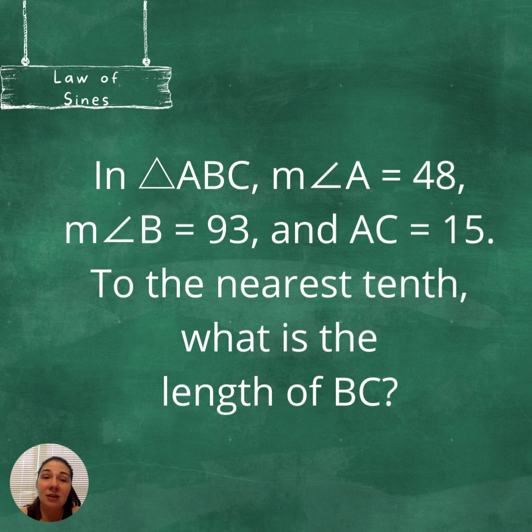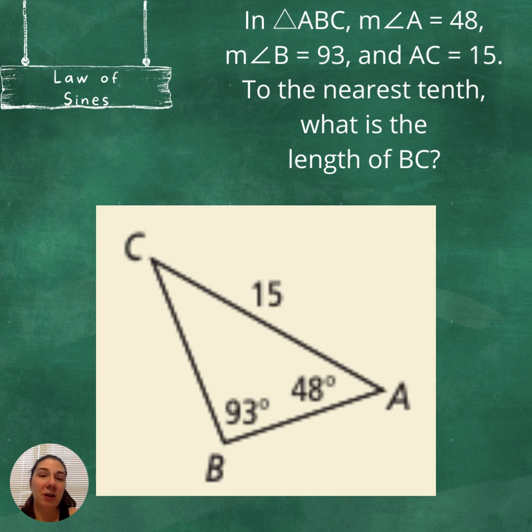So a couple things. We see that angle B is 93 degrees, so the triangle is obtuse. So when you draw this, make sure you draw an obtuse triangle. Now, it doesn't have to be to scale, meaning if I took out a protractor, it doesn't have to actually show that it's 93 degrees, but you want to make sure that your picture at least looks obtuse. So here's the picture that goes with it.